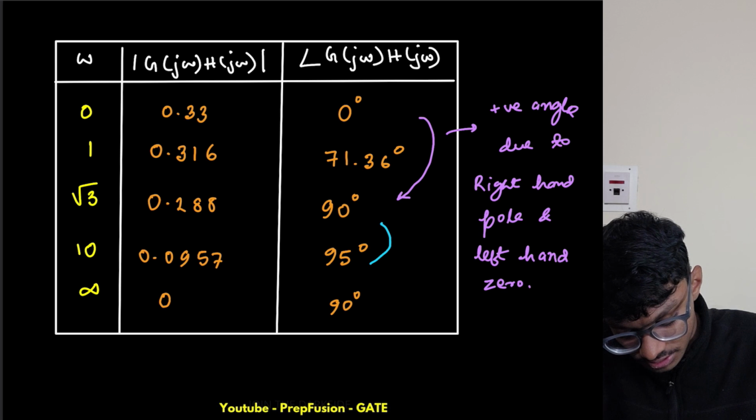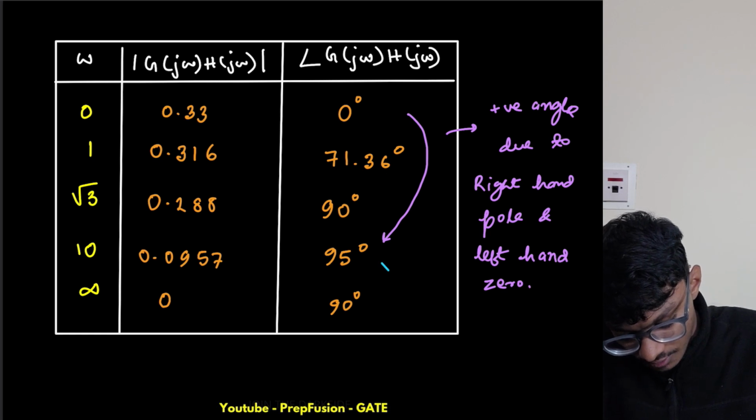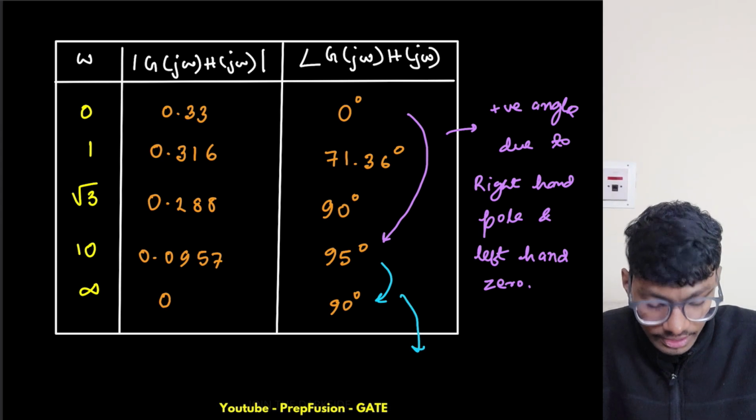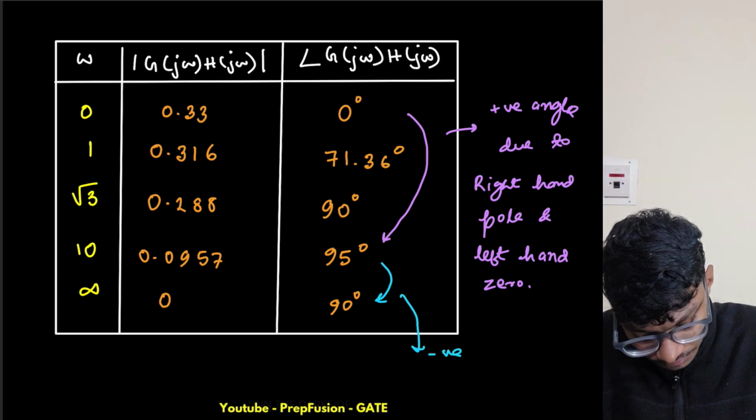Up until this point, the zero is dominant. Then after here, what is happening? Not exactly after here, but the reduction of angle, I can attribute to negative angle.